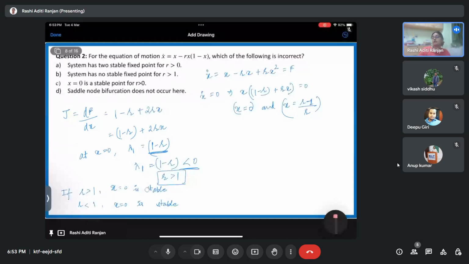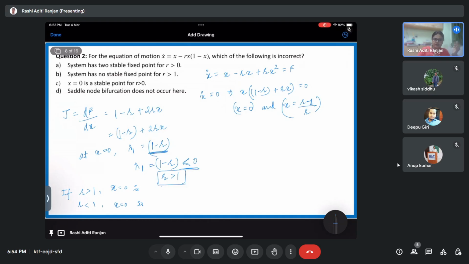Less than 0 means what? It simply means that my eigenvalue is negative. So if my eigenvalue is negative, my system is going to be stable, correct? So if I take r greater than 1, which means 2, 3, 5, anything, then 1 minus something bigger than 1 is going to be negative, right?